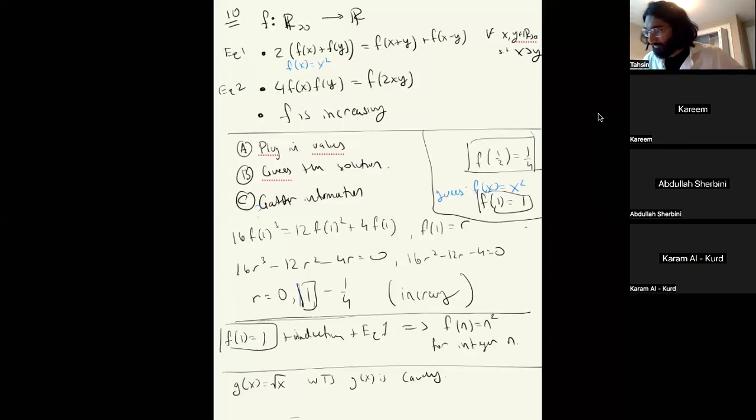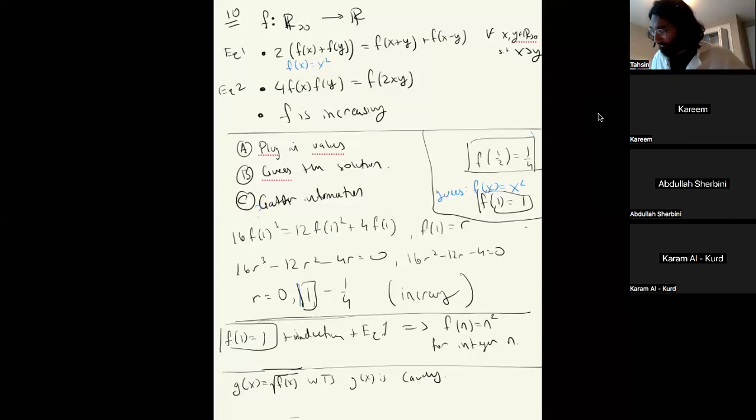Is it g of x, the square root of f of x? Yes, square root of f of x. Good. So if we prove it satisfies Cauchy, we should be done.